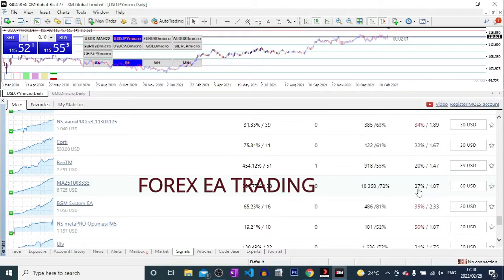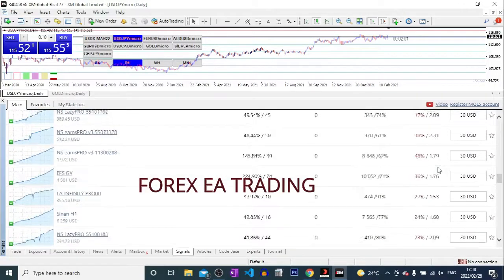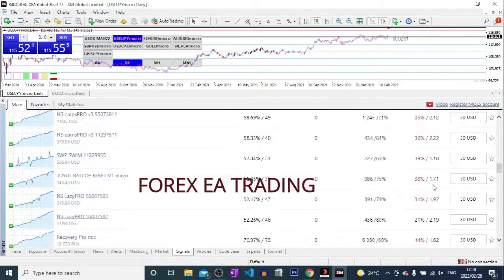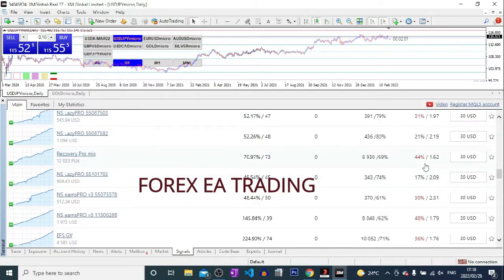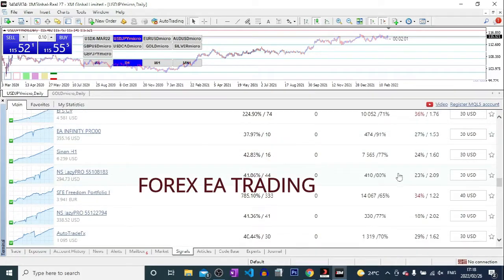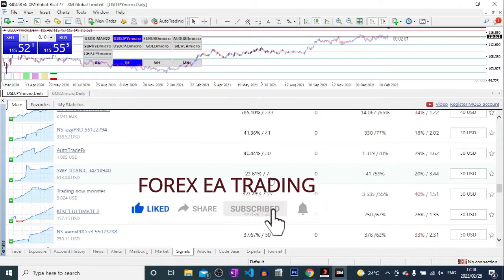Maximum drawdown was 27%. This 1.87, I'm not sure what PF means at the moment. If you know what PF means, just leave it in the comment section below.